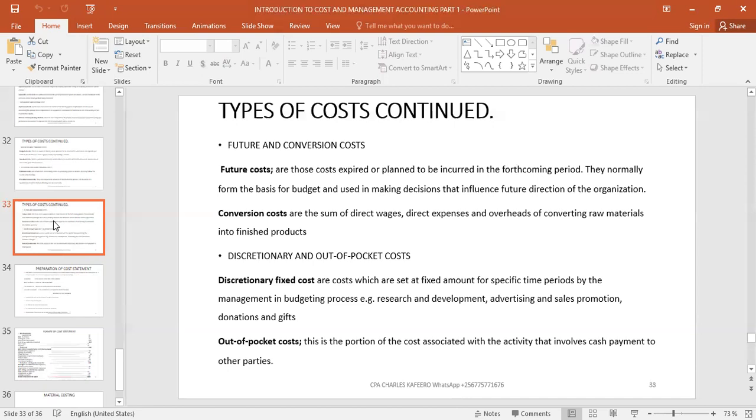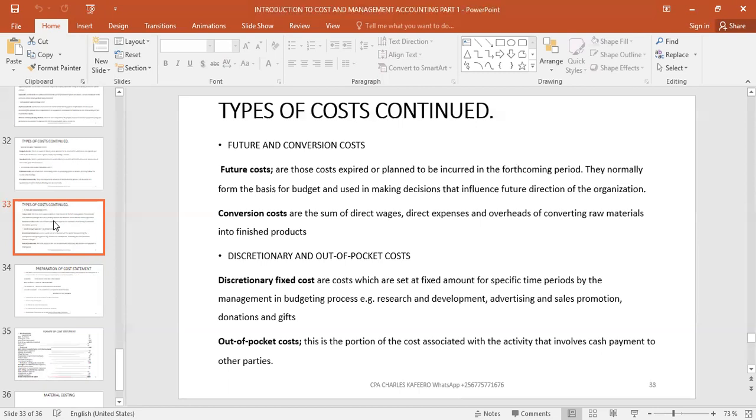Like if you are to donate or give gifts, even if you don't give those gifts, we are expected to be performing very nicely, but their role is that they contribute to how the produced units are going to be increased so that we can increase our sales.